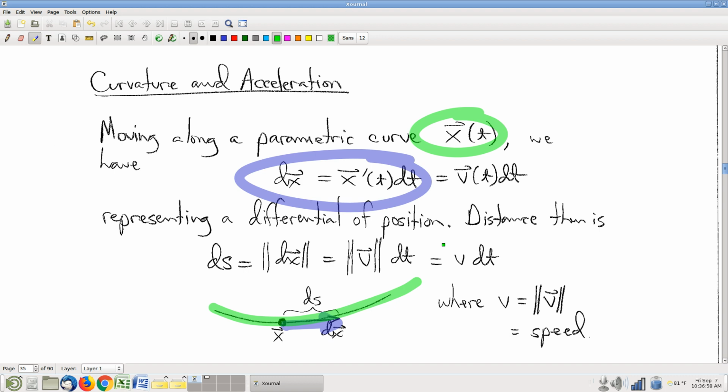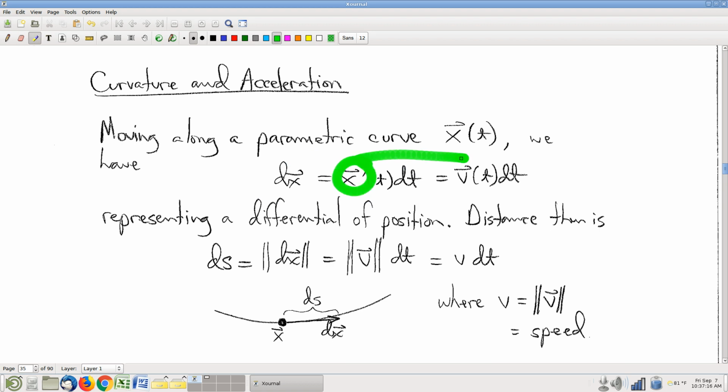It assumes we're going along with the same velocity over that amount of time, which of course it doesn't exactly. But it's just like the dy in a Calc 1 class. Anyway, easy formula for the differential.